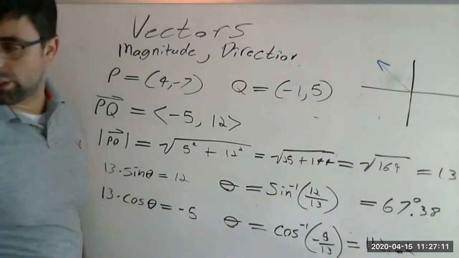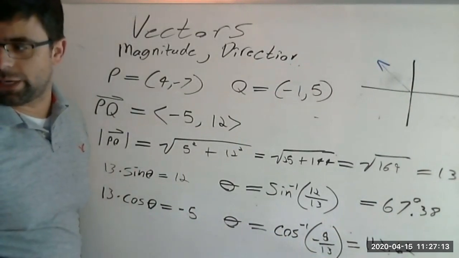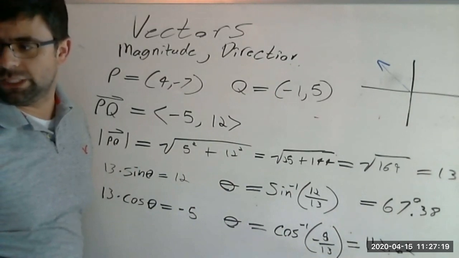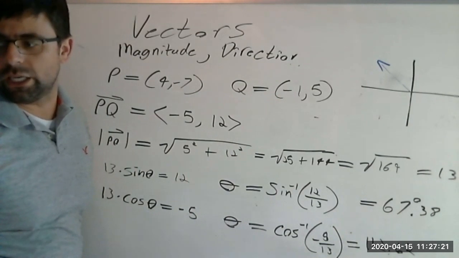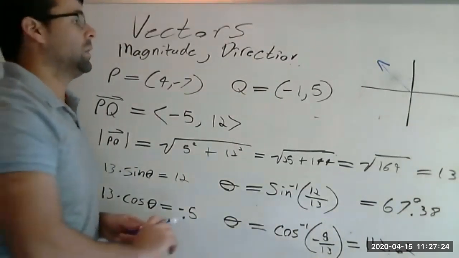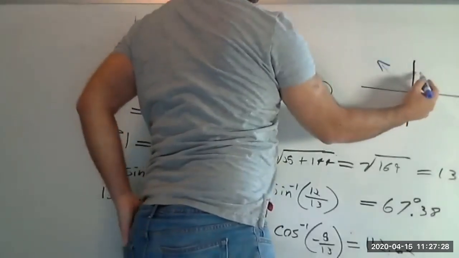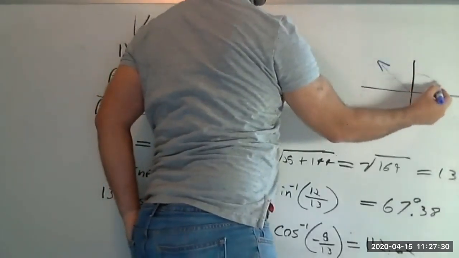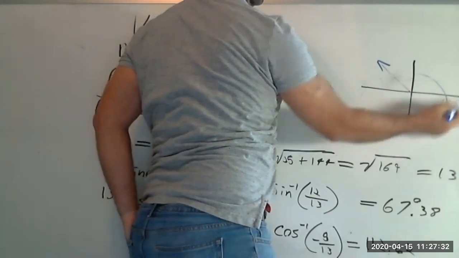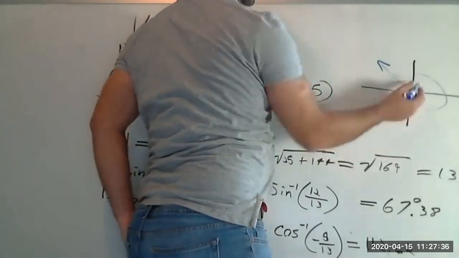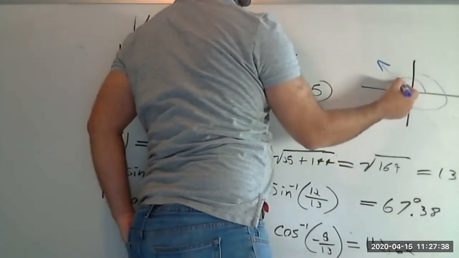So this is something that you need to think about when you are defining this kind of stuff. You need to think about where it points. Sine will usually give you the correct answer in the first or fourth quadrant. And cosine will give you the correct answer in this area.